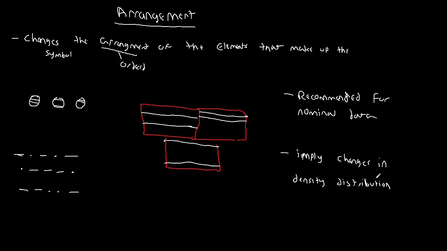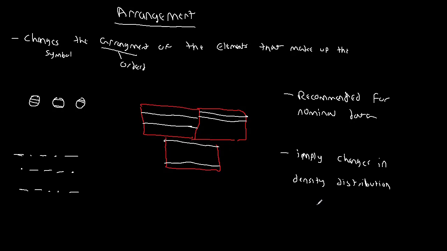But basically we are implying that more of the phenomenon is occurring up here than down here inside of the polygon, as opposed to this one where everything is sort of even, right? So when we change the arrangement of the elements, when we cluster certain elements together relative to open space, we can sometimes imply this idea of changes in density distribution.